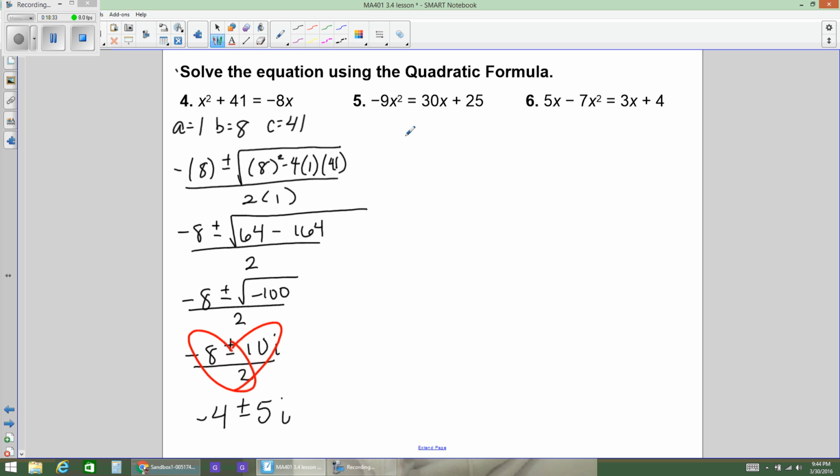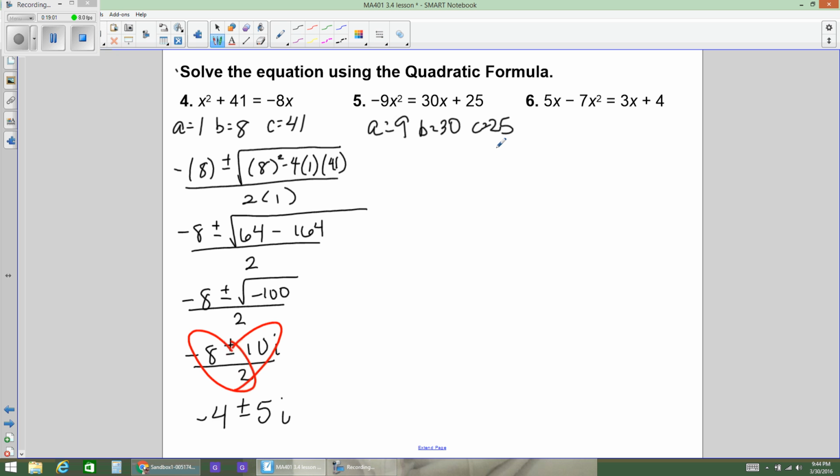Okay, number 5. Take a look at it. And what we're going to do is get our a, which I'm going to say is positive 9 because I'm going to add the 9x to the other side, the 9x squared. Since the 30x and the 25 are already positive, that would be easier for us.